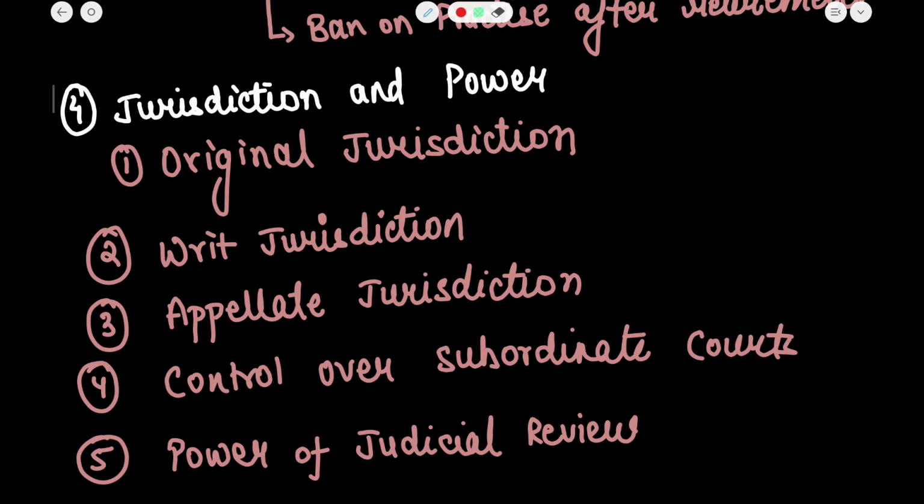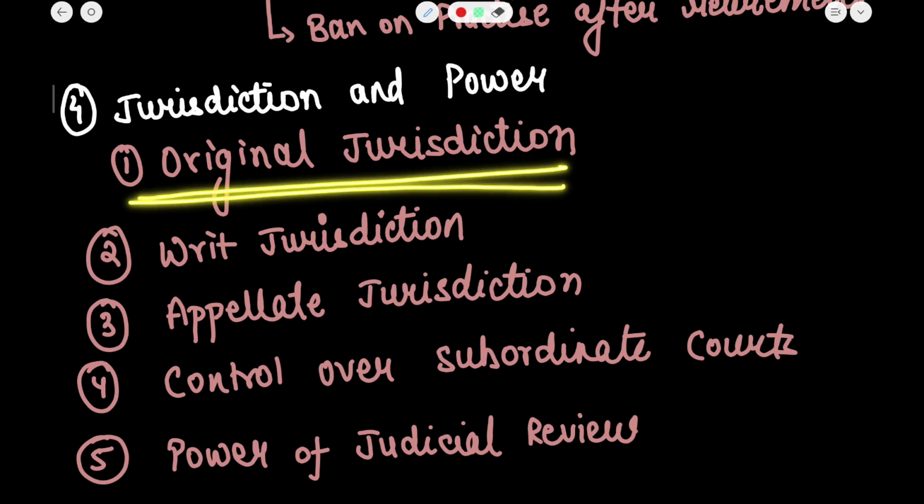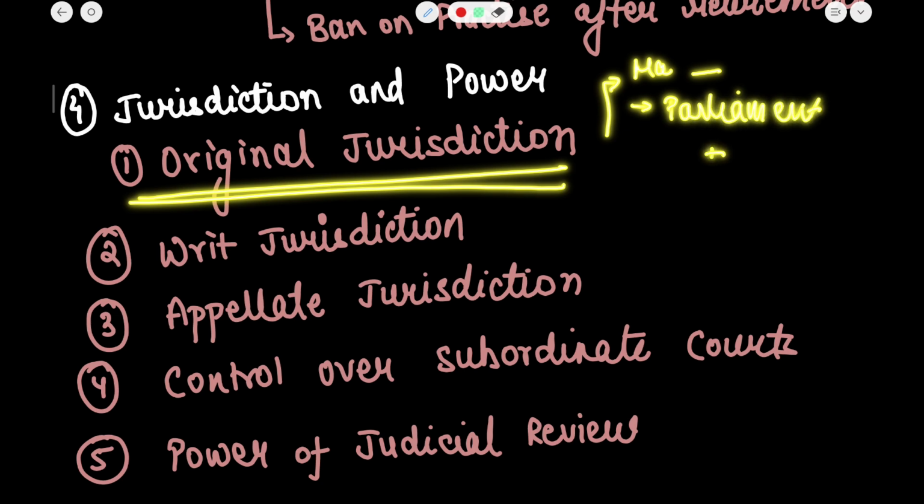The High Courts also enjoy original jurisdiction in some matters. For example, matters relating to marriage, divorce, company law and contempt of court, and matters relating to the elections of members of Parliament and the state legislature. Just remember this: the High Court enjoys original jurisdiction over disputes relating to the election of members of Parliament as well as the state legislature.